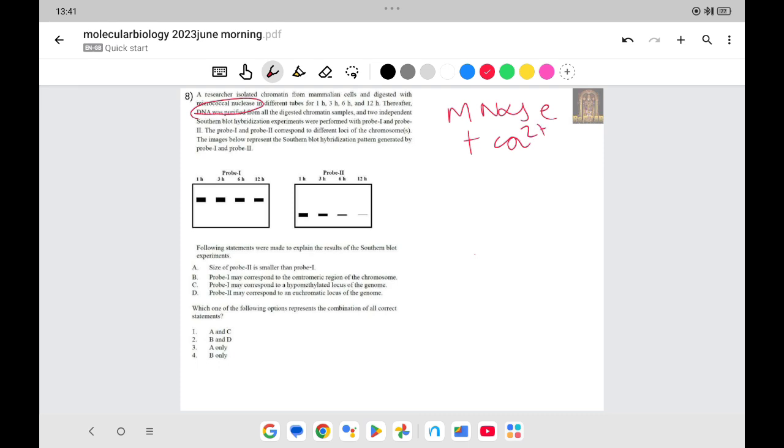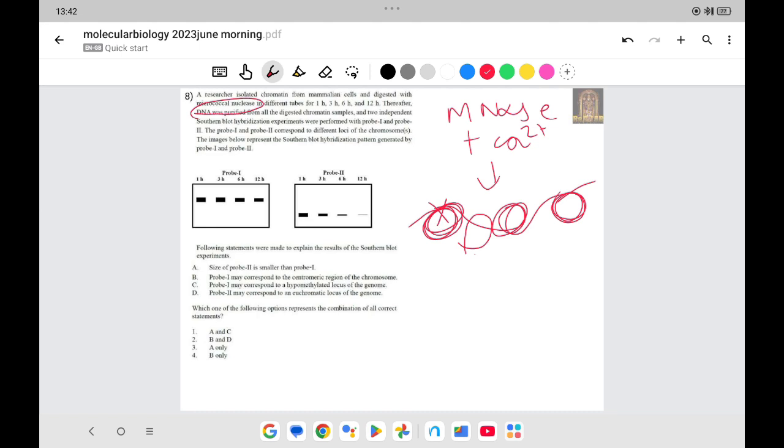Let's see if you have used the MNase on a chromatin like this. Because this is an endo-exonuclease, it will come and cut the areas which are accessible to it. But it is not able to cut at these sites because they are surrounded by the histone protein.